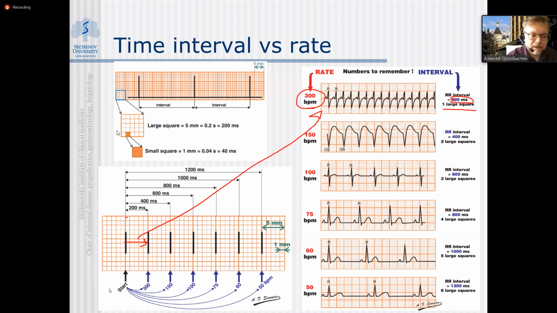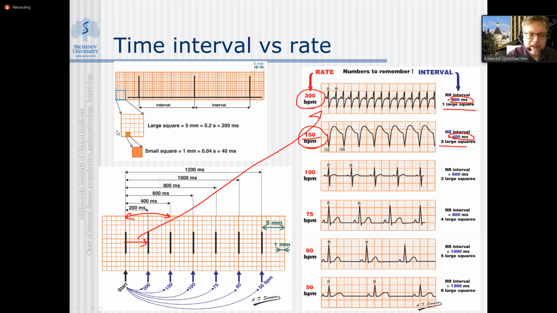And if that is the difference between the neighboring complexes, it means that heart rate is, 400 milliseconds, 2 large squares, heart rate is twice less, it's 150. Both may be seen in attacks of ventricular tachycardia.